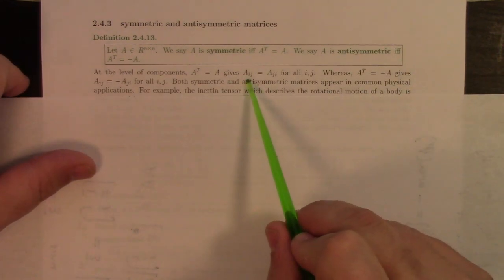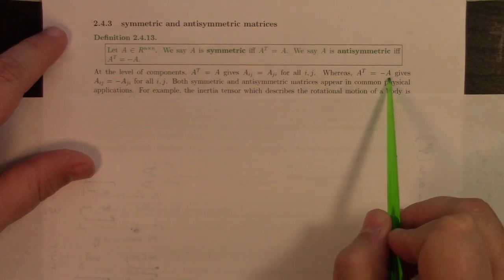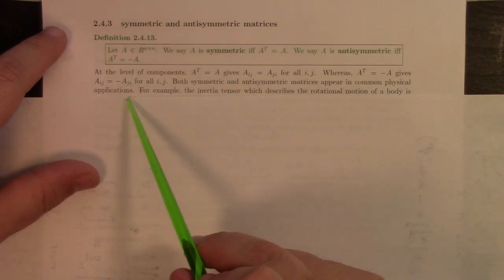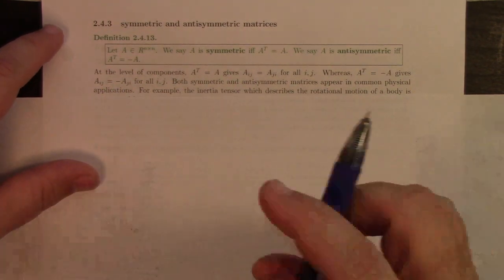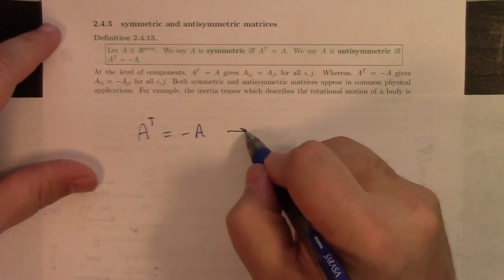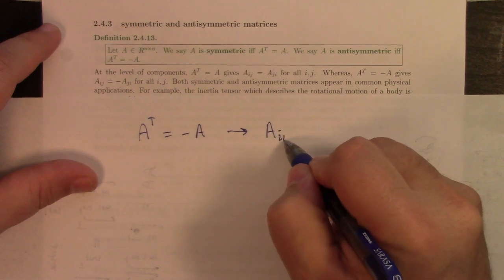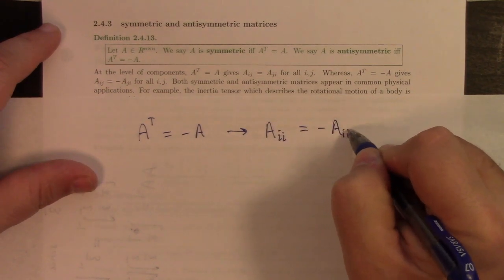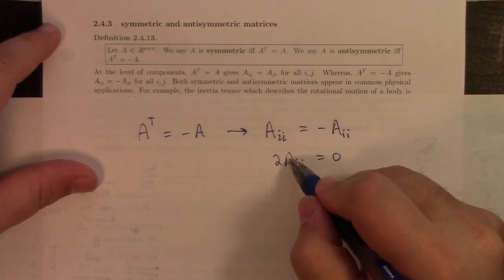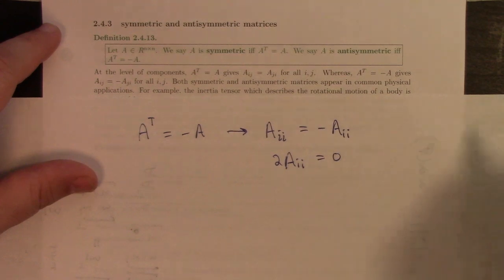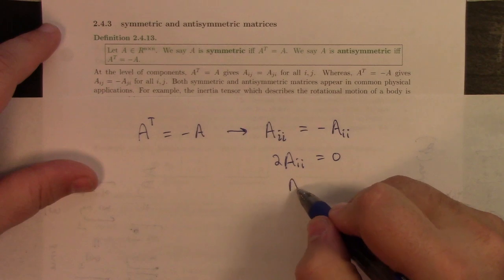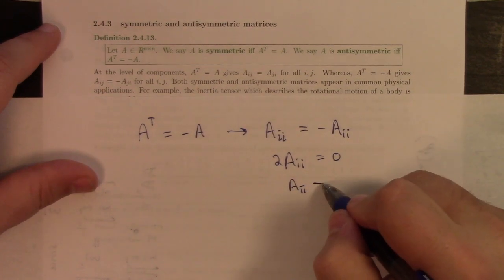At the level of components, it means that a_ij is equal to a_ji, whereas anti-symmetric means that a_ij is equal to minus a_ji. One thing you can see immediately from that is if you have A transpose equals minus A, then looking at the ith diagonal component, that means that a_ii is equal to minus a_ii. What does that say? That says that 2 a_ii equals 0, and so as long as we're not in some kind of weird number system where 2 is 0, this means that a_ii is equal to 0.